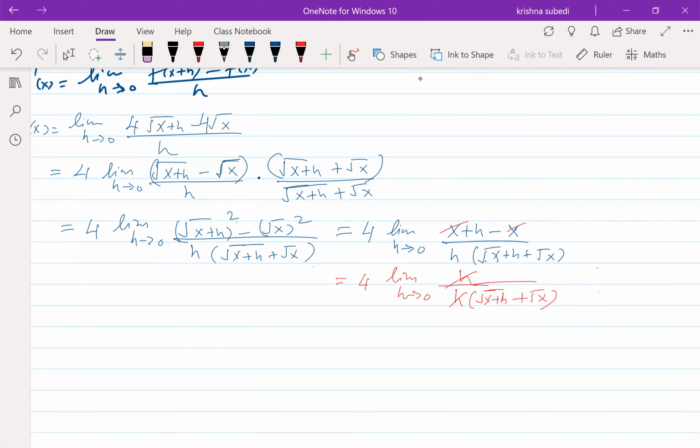So you will get 4 times 1 over square root x plus 0 plus square root x. So that's going to give me 4 over 2 root x, so that is 2 over root x, your answer.